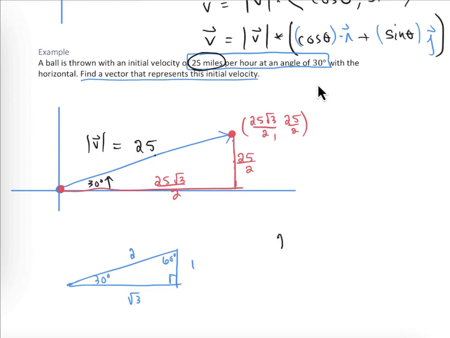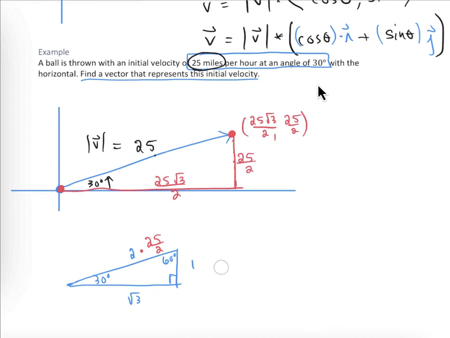So essentially, 2 times what quantity is equal to 25? Well, if we were to multiply everything by 25 over 2, then we're going to get the hypotenuse we want. So if I multiply this by 25 over 2, I'm going to get a hypotenuse that's 25, right?